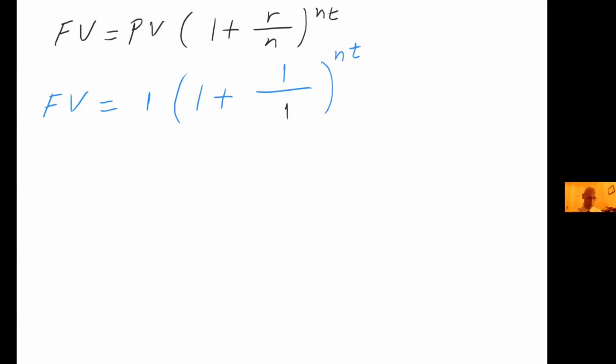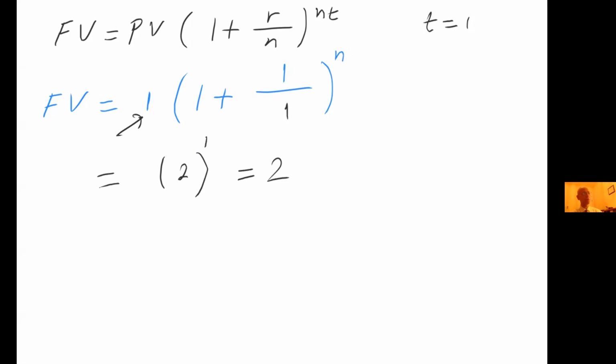And for time, of course, since we're talking about annual, t equals 1. So your dollar at the end of the year is going to be 1 plus 1 over 1, which is 2, and 2 to the power of 1 equals 2. So you doubled your number.